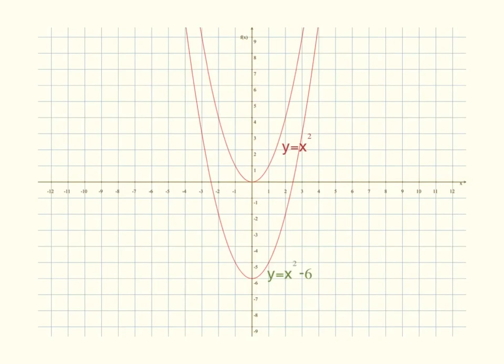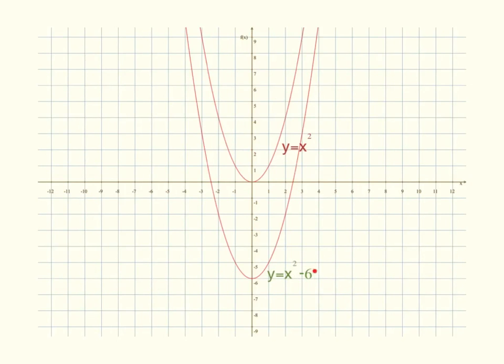If we think back to the previous video on movement vertically, this graph here is the graph of y equals x squared take away 6. So when we've got this constant attached onto the end, we simply shift it down 6. Or if it was y equals x squared plus 2, we would shift it up 2.